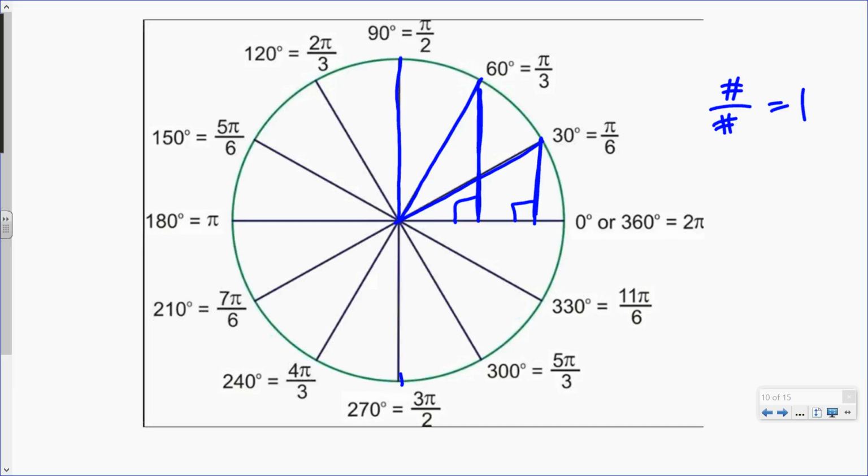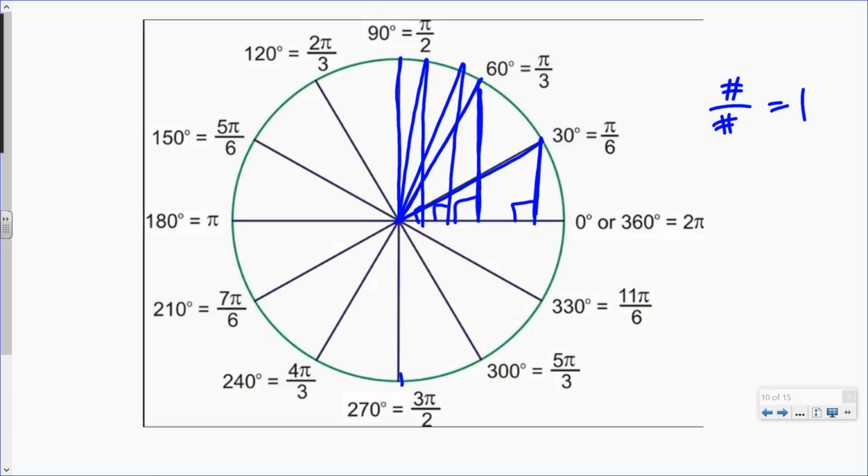So notice how the side that I drew that's 90 degrees gets bigger from 30. It gets closer and closer until this side that I keep drawing ends up being the exact same size as the hypotenuse.